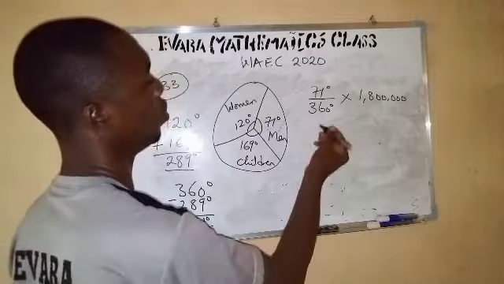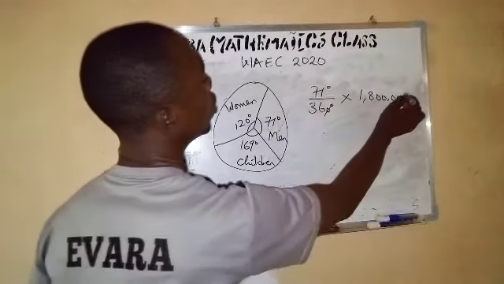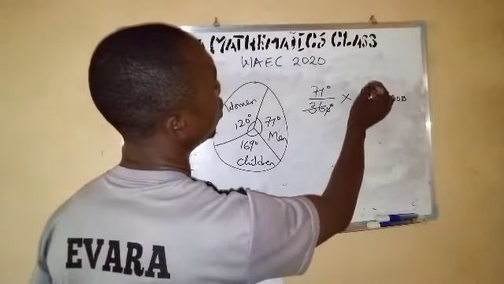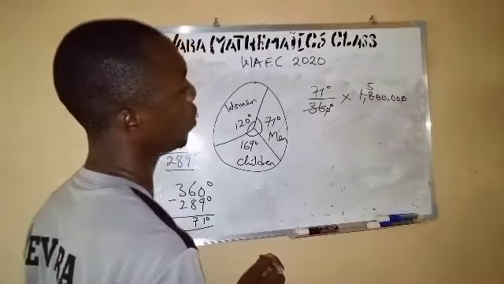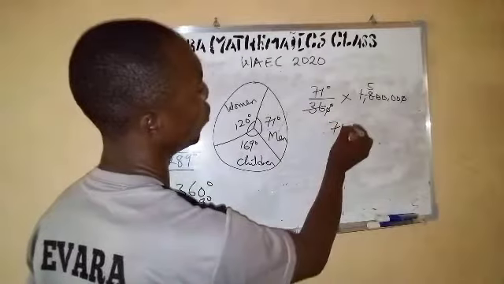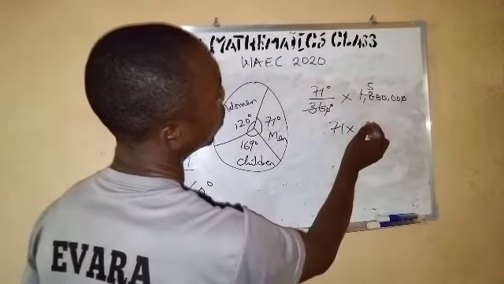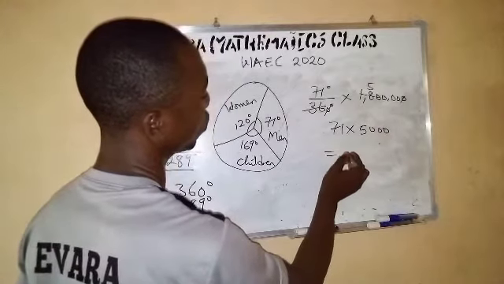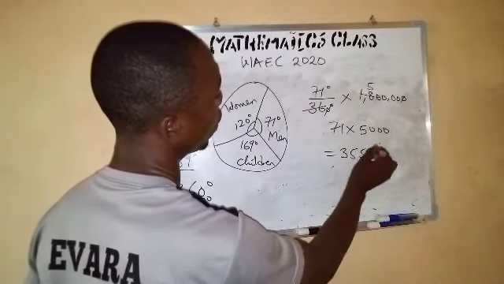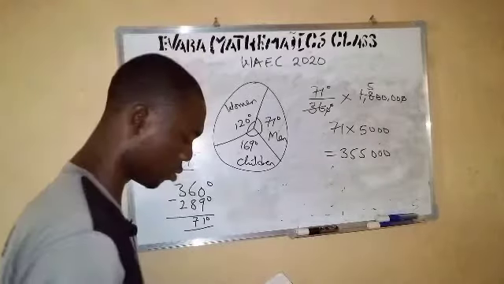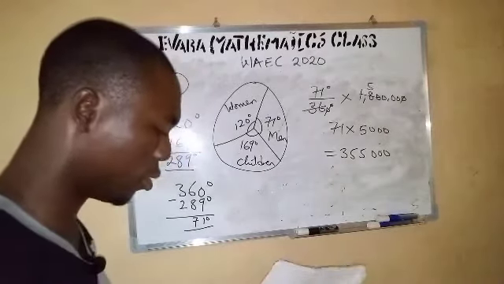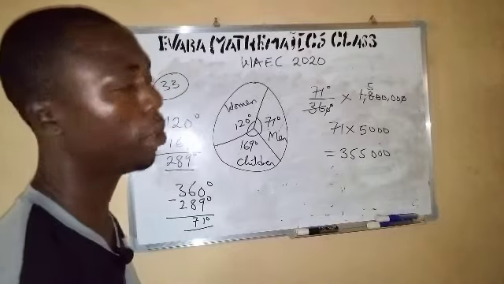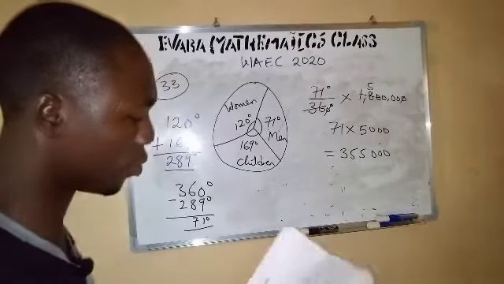So if we divide, cancel 0, 36 in 180, that will give us 5. So we are left with 71 times 5,000, and that will give us 355,000. So that means in that city there are 355,000 men, which is option C.